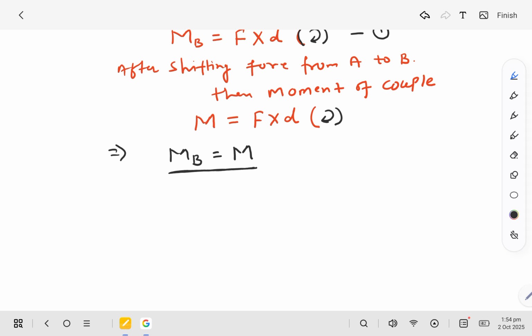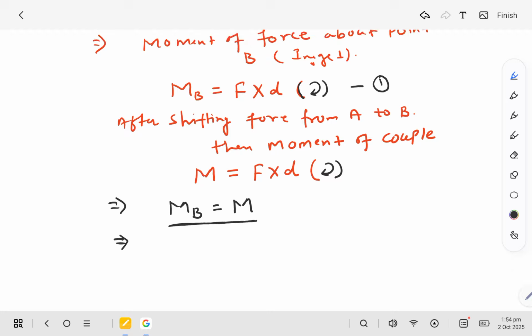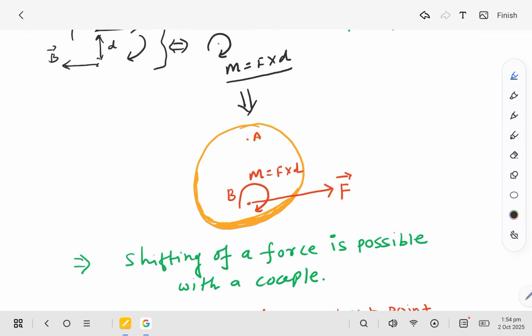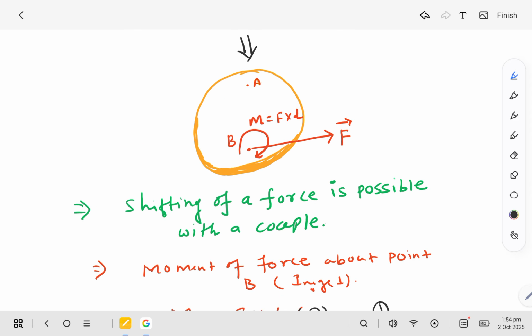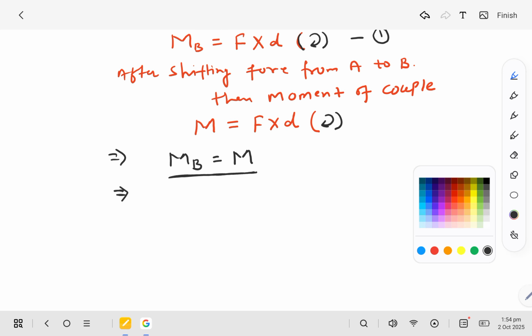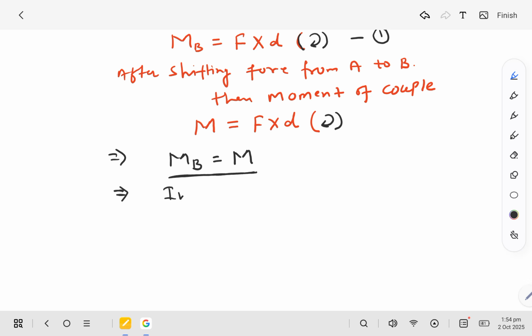So now we can also conclude that the initial moment is equal to the final moment.